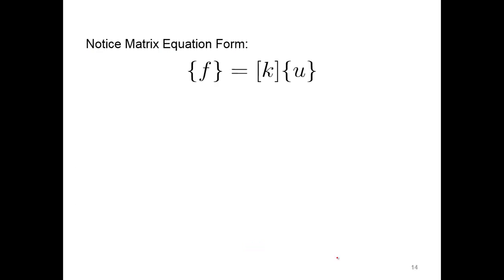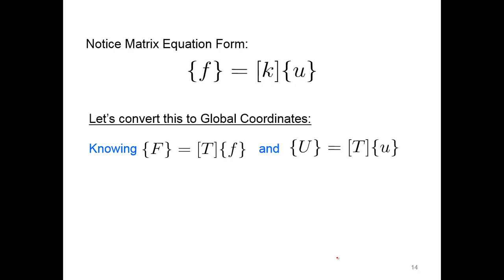So notice the matrix equation form. We have these local forces equal to the stiffness matrix times our local displacements. We're going to convert these over to global coordinates because this is one element and we need to attach it to all the other elements making up the whole truss system. We know that we can get to the global force and the global displacement if we multiply the local force and the local displacement by our transformation matrix.